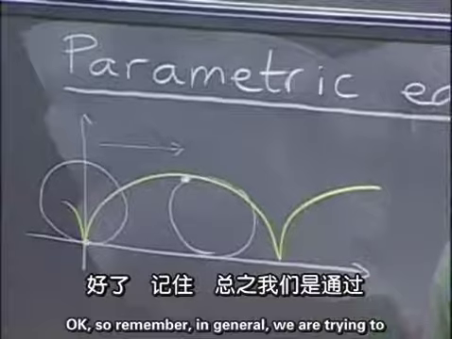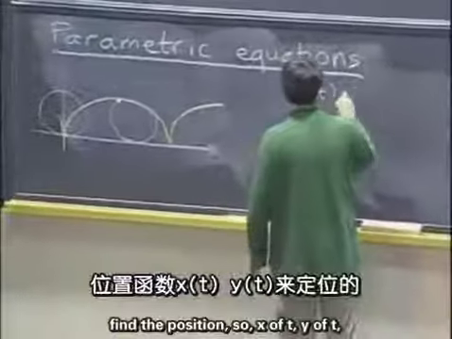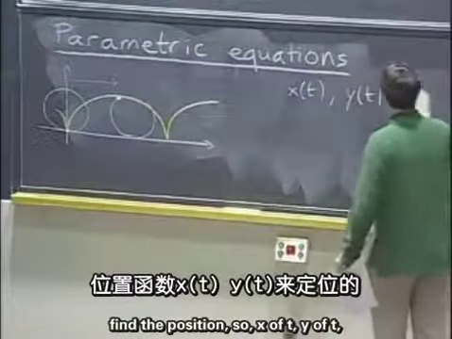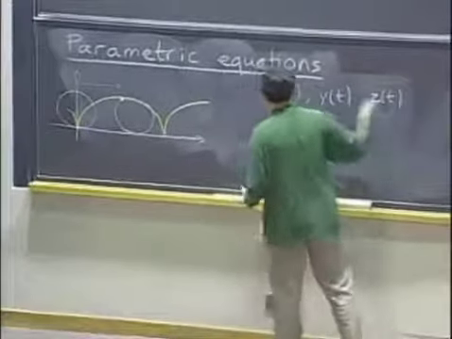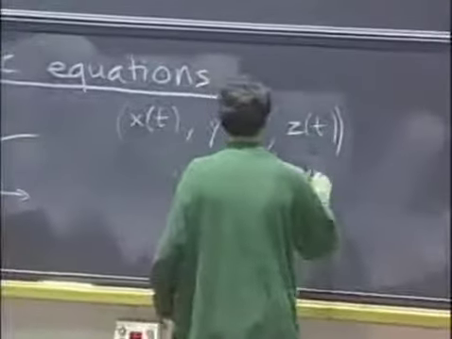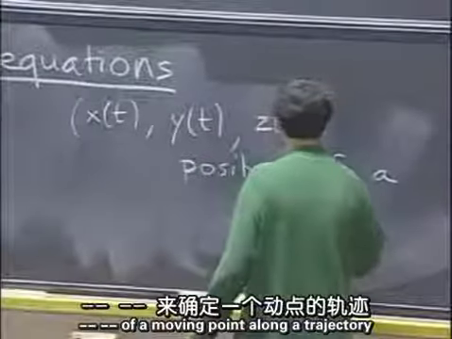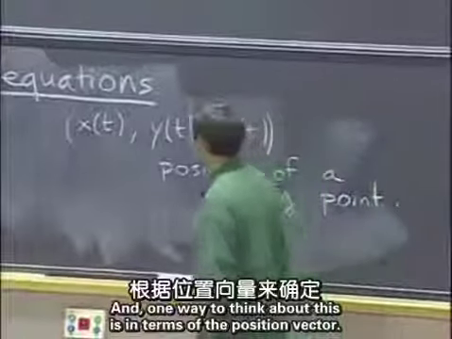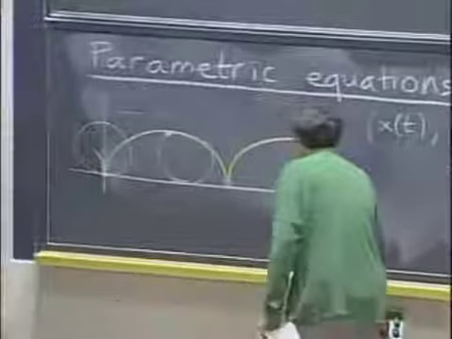So remember, in general, we are trying to find the position, x of t, y of t, maybe z of t if we're in space, of a moving point along a trajectory. And one way to think about this is in terms of a position vector.